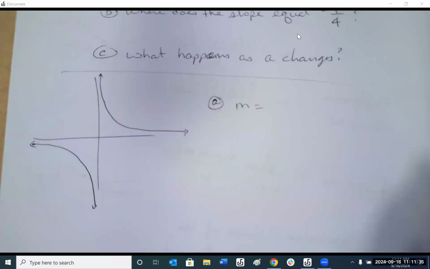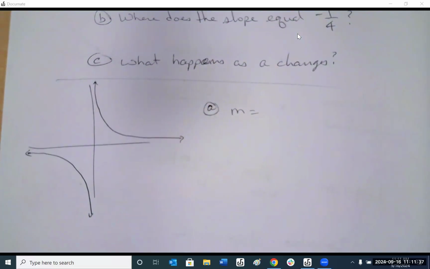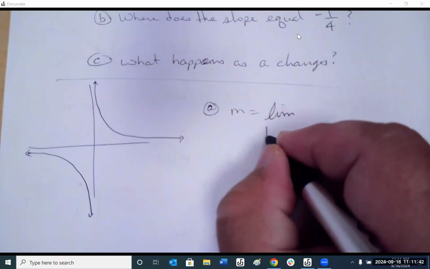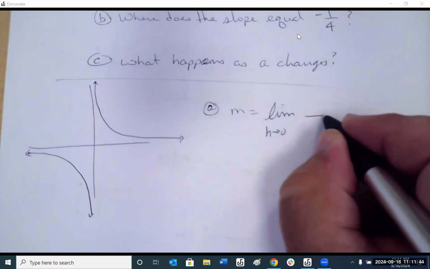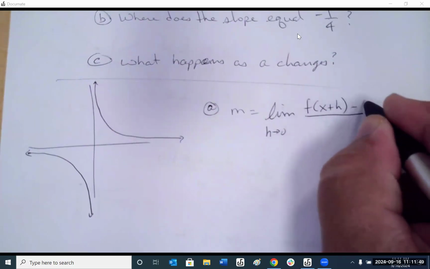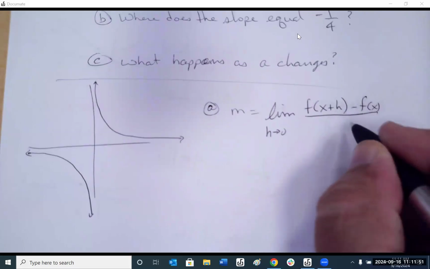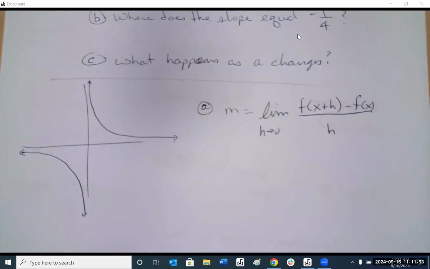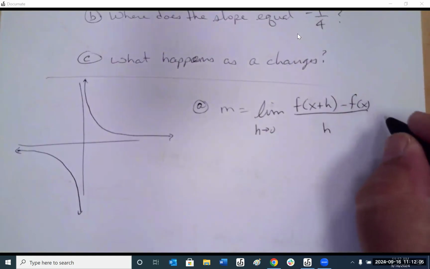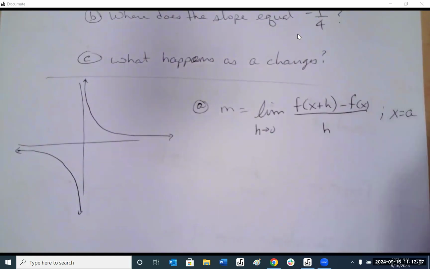The slope. What's the formula for slope we're using? The limit as h approaches 0 of f of x plus h minus f of x over h. We're doing it at x equals a.